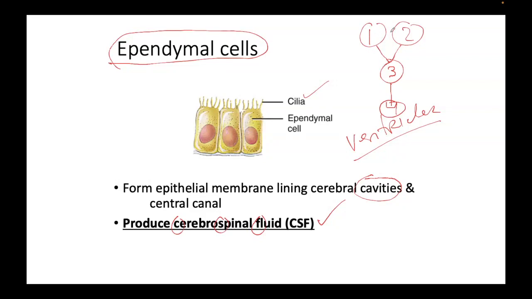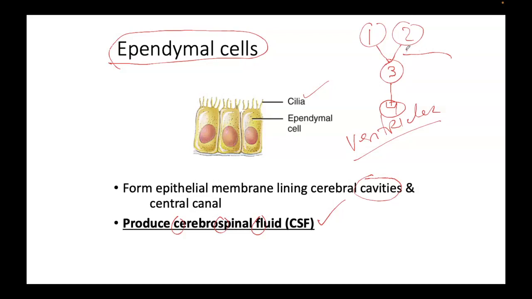So you have cerebrospinal fluid flowing up here. This is all in the brain, by the way. I'll show you shortly. We have these lateral ventricles, one in each hemisphere of the brain, and it's going to dump cerebrospinal fluid into the third ventricle and dump it again into the fourth ventricle.